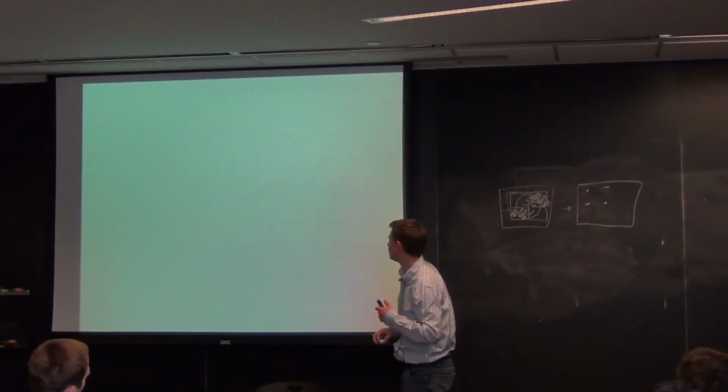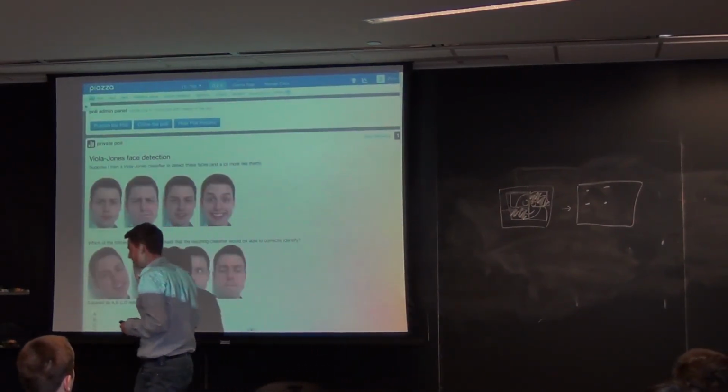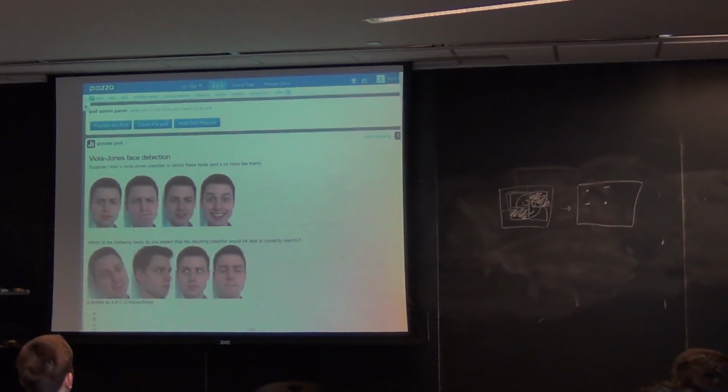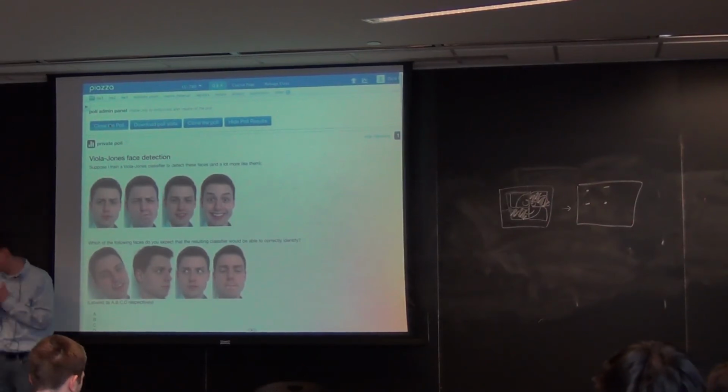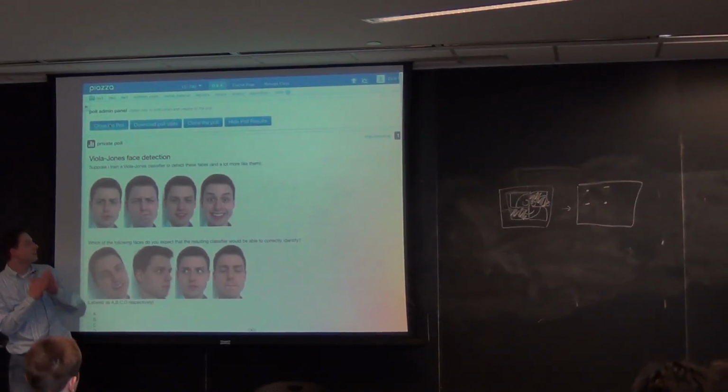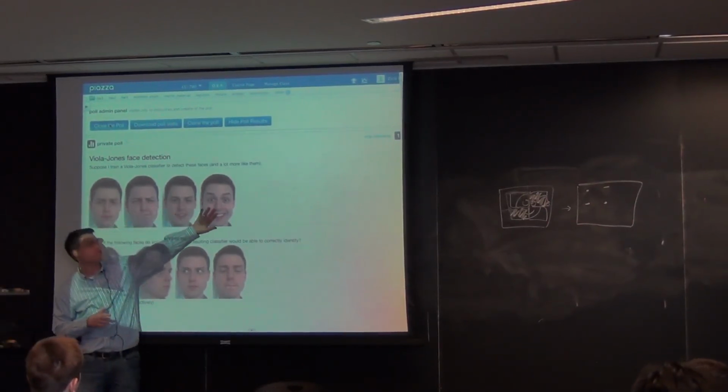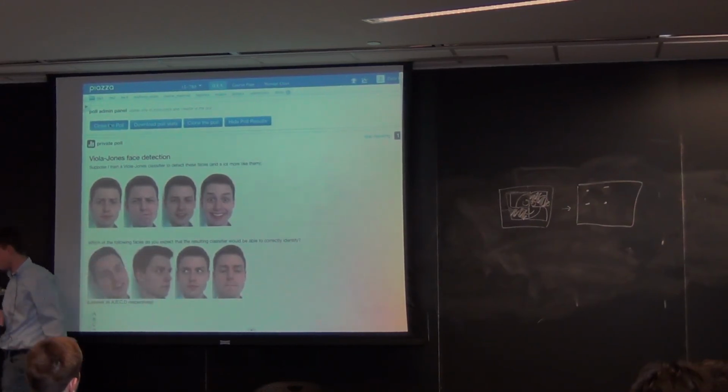And now, let's have one more little quiz here. This is a question now. Suppose I train my classifier with these 4 images, and a lot more like them, because I didn't want to keep taking pictures of myself.